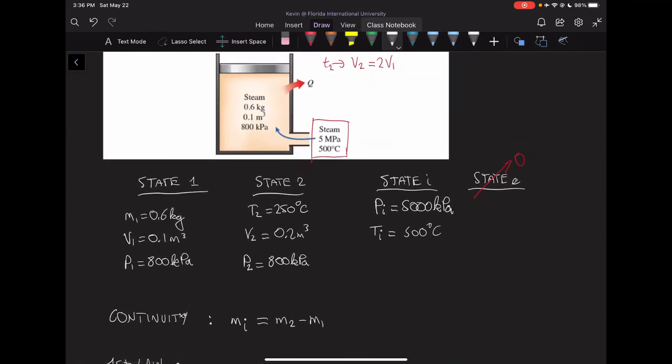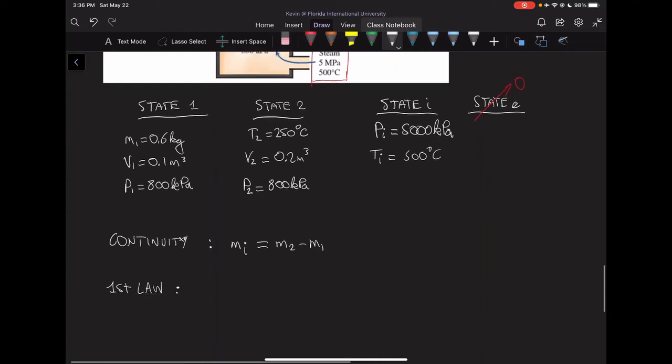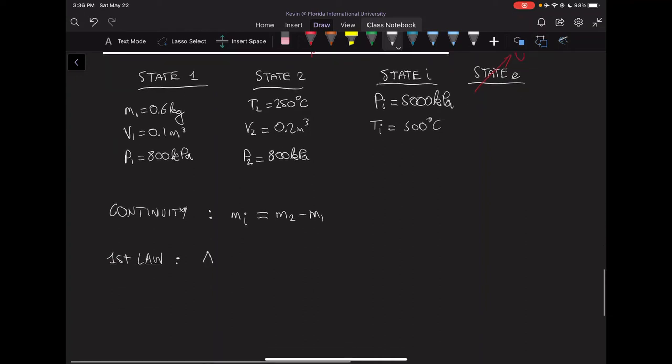Here there is no change in kinetic energy at the boundary and for the system itself inside. Okay, nothing is moving inside the system. Okay, so we can say that delta KE is equal to 0 and delta PE is equal to 0 for the system and boundaries.